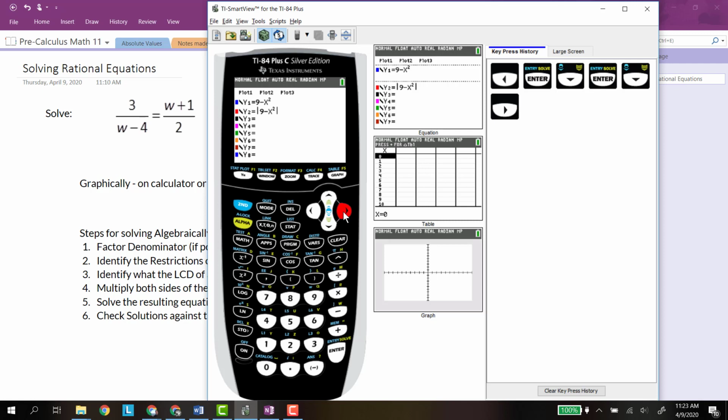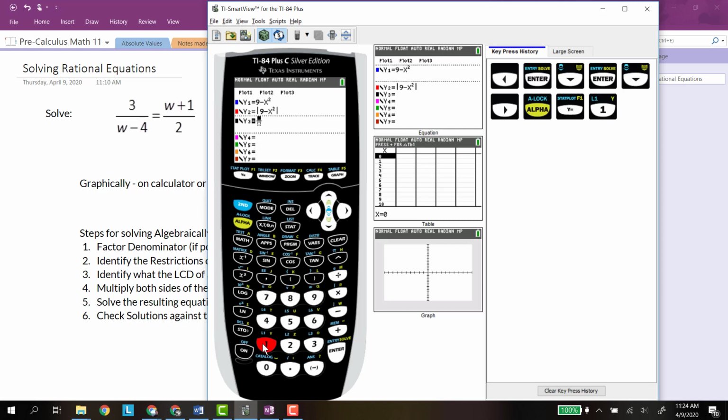We have two methods for graphing, just like we had for graphing and solving with quadratic equations. One method is to put everything on one side of the equals sign, and the other method is to use the left side and the right side as separate equations and graph them and then find where they intersect. It doesn't matter to me which one you do, just choose one.